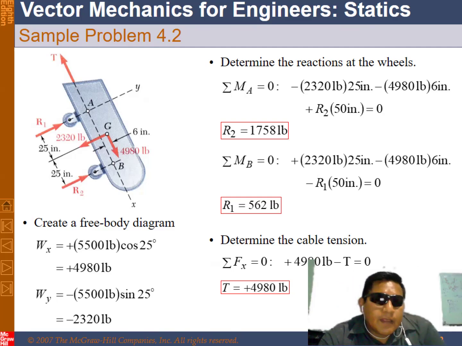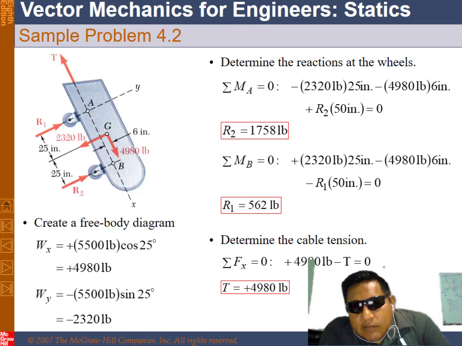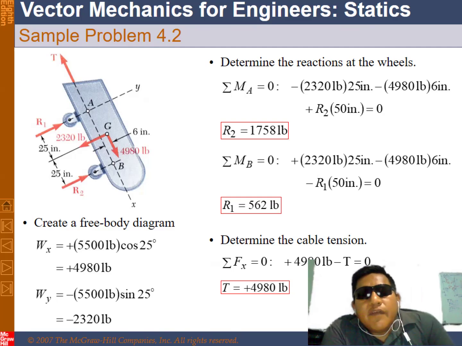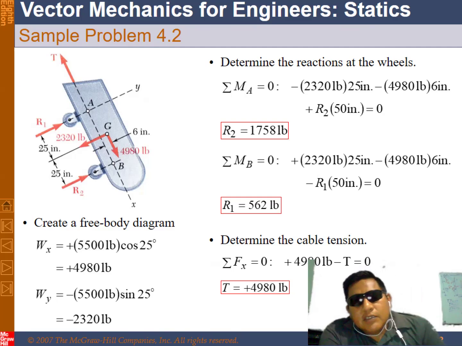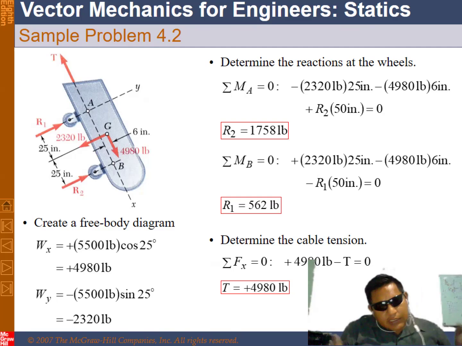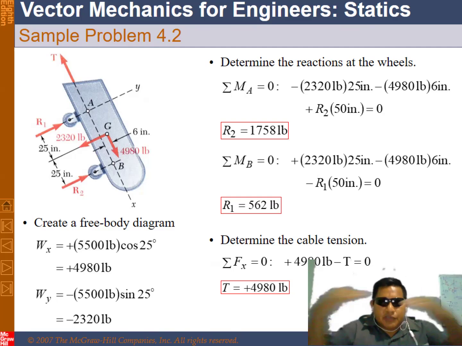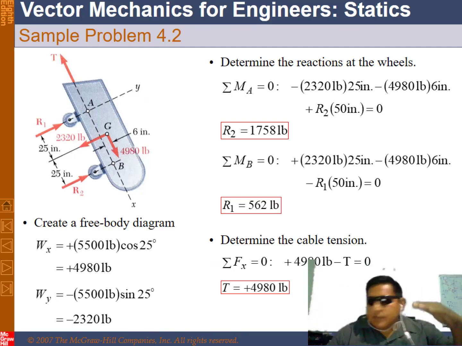Difficult. Minus sign, negative: 5,500 pounds times sin 25 degrees. The answer is negative. Why is it negative and not positive? The negative means the weight is in a different, opposite direction.